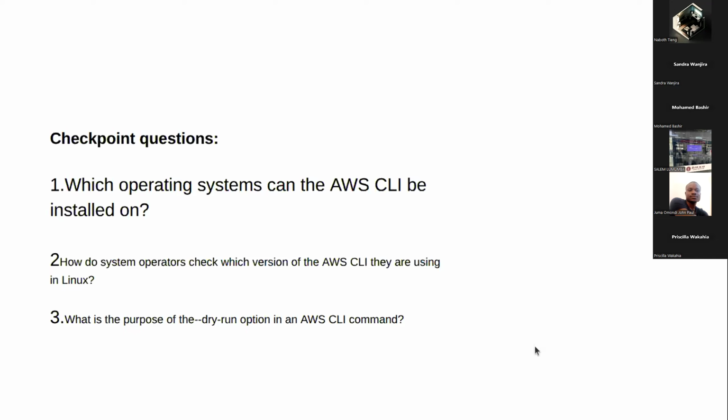So question number two: how do system operators check which version of the AWS CLI they are running in Linux? So the Linux people, Ubuntu, Kali, you can give us the answer to this.